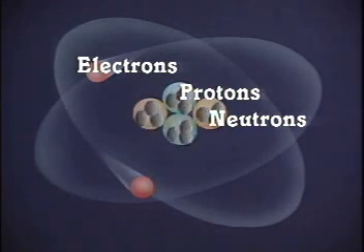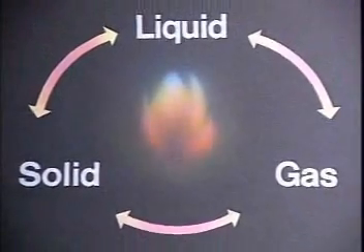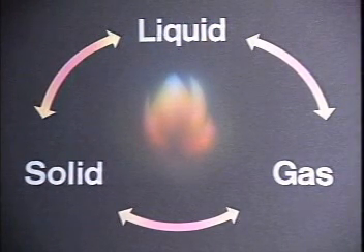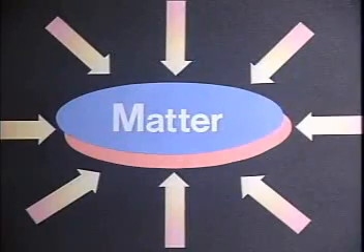In addition to knowing something about the basic particles from which it is made, scientists now also know that all matter exists in 3 basic physical states. These are solids, liquids, and gases, the different ways it occupies space we spoke about earlier.